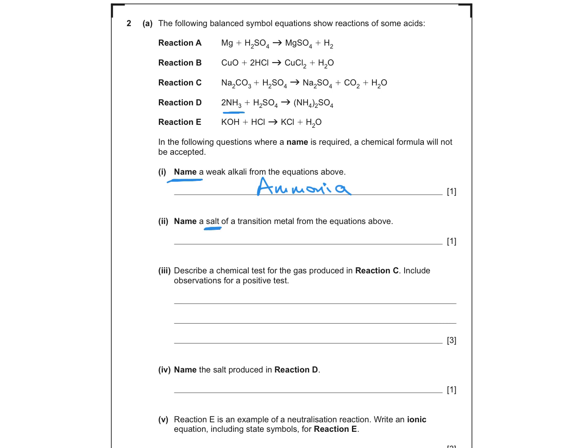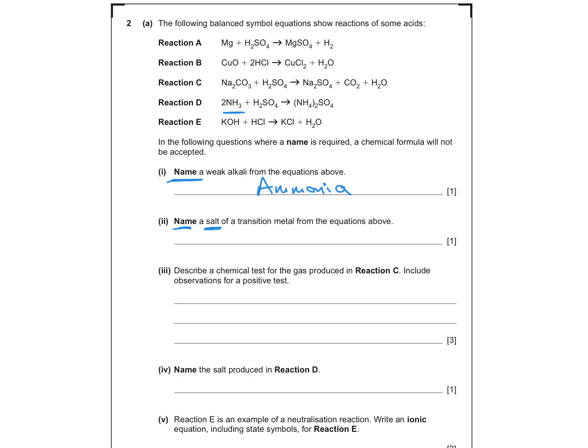Name a salt, again name, of a transition metal from the equations above. Okay, so let's see. If we look through, nothing in A. Now B, a salt is formed when some or all of the hydrogen ions in an acid are replaced with metal ions or ammonium ions.